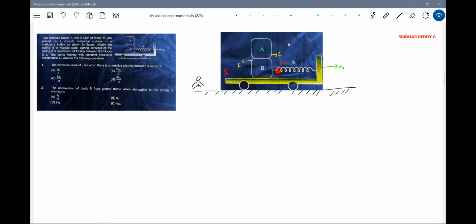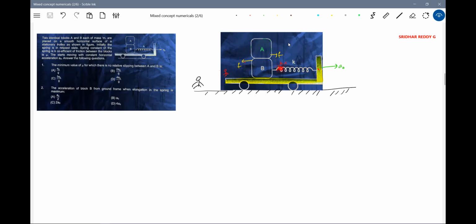There's one basic necessary idea. Both must have the same acceleration. There should not be any relative motion. So now at maximum elongation, or some elongation x, we'll take it. The work done by spring force and work done by friction should be equal and opposite in the ground frame.